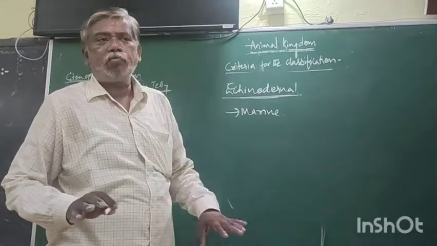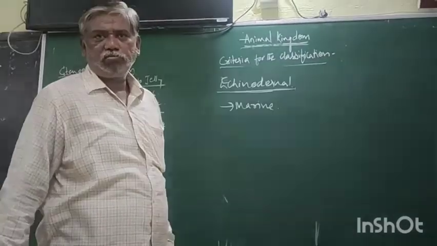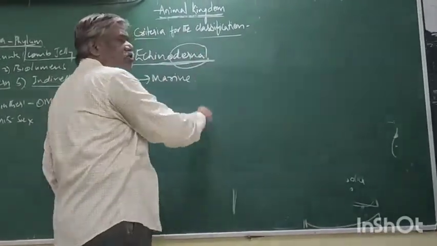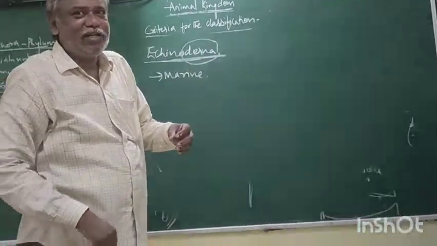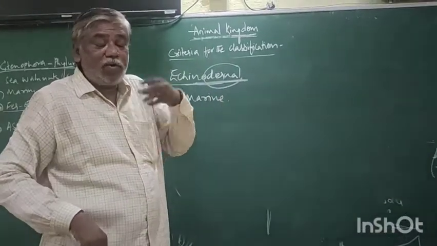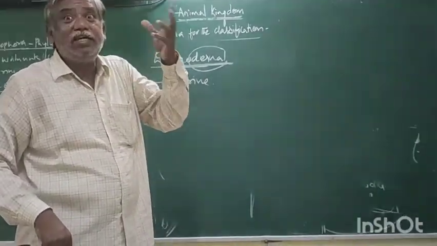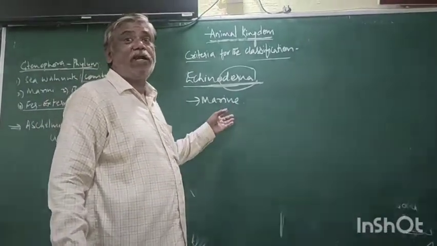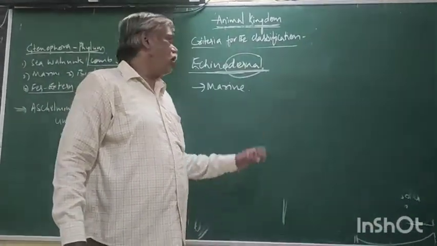There are no echinoderms on land or in freshwater. The most important thing: echinodermata, dermata means skin, spiny skin. Ours is hairy skin, reptiles have scaly skin, birds have feathery skin. This one is spiny skin.